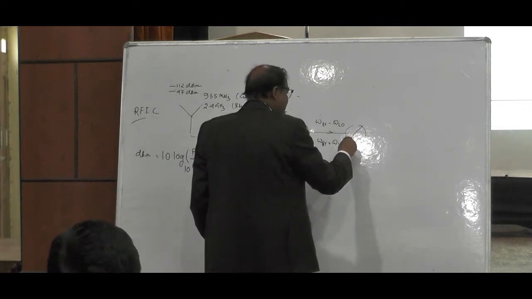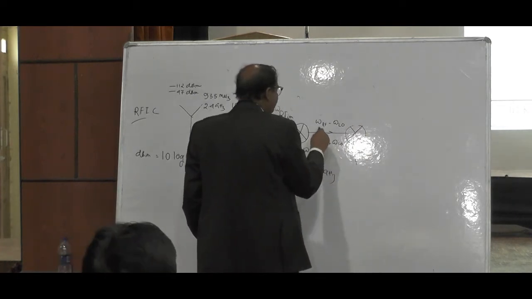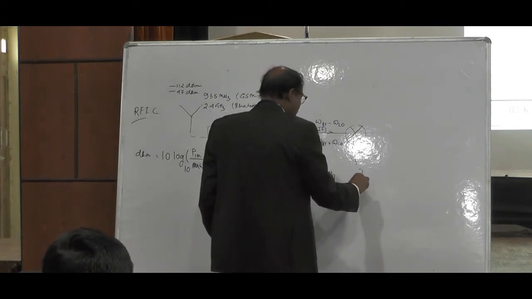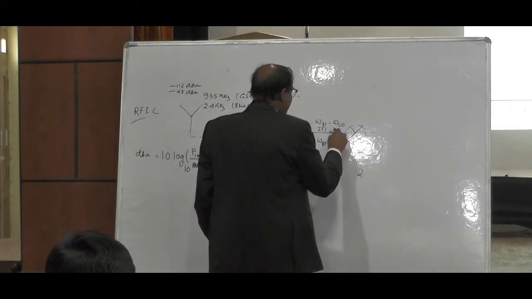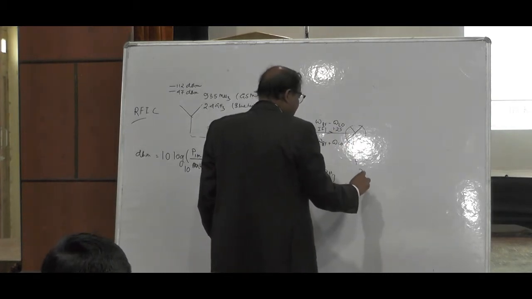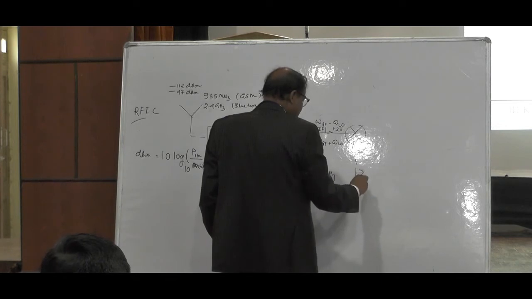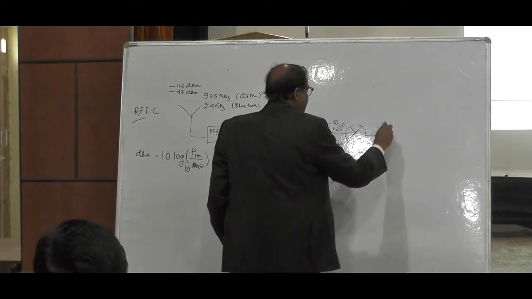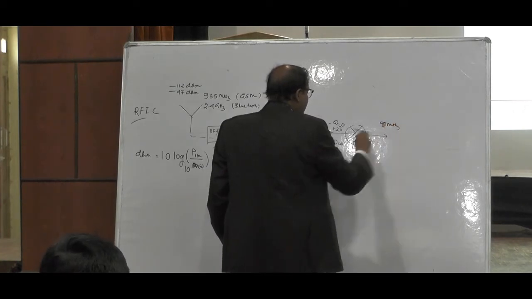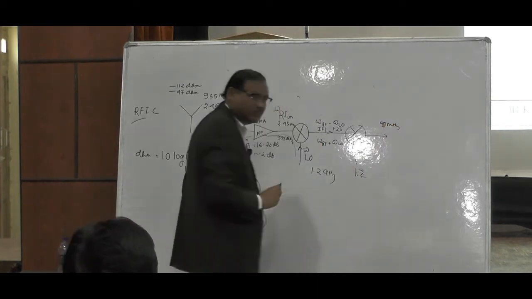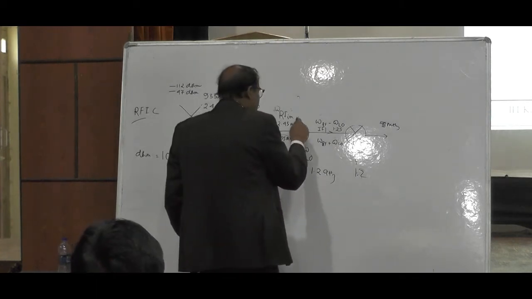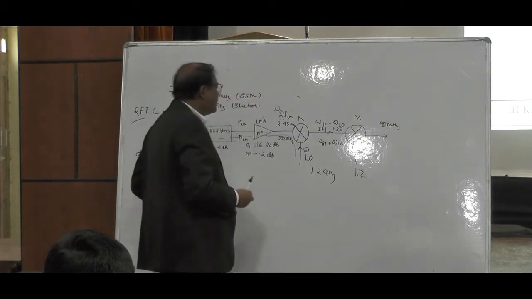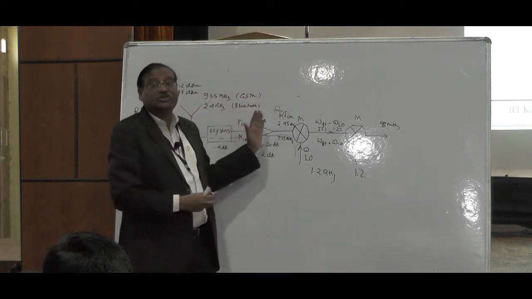So another mixer, this is called IF1. You have the 1.25 gigahertz signal, then you give a 1.2 gigahertz signal, and then you are feeding at 0.5 megahertz. So this is two IF stages, right? This is mixer 1, mixer 2. This is called heterodyne.